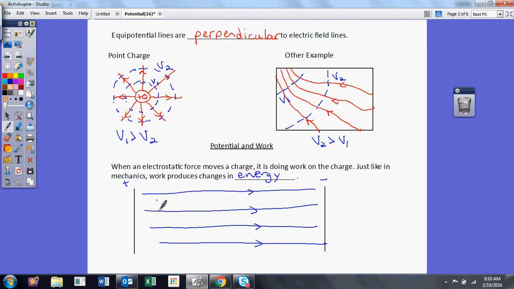If I put a positive charge in here, it's going to move, which means that later it may end up over here. So plus Q over there, I'm going to call this the initial, and this the final.